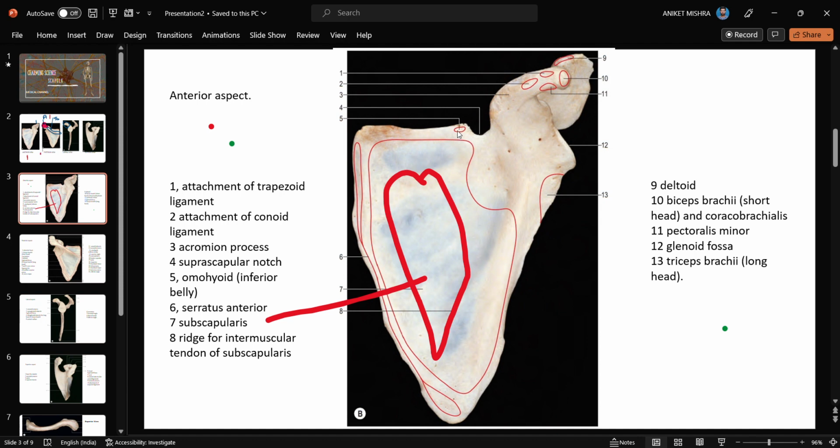There is a place at the inferior part that is the placement for the omohyoid muscle. So subscapularis muscle arises from the medial two-thirds of the subscapular fossa.